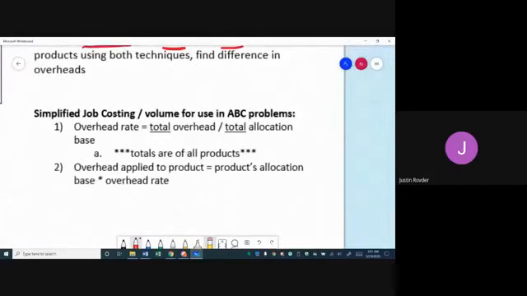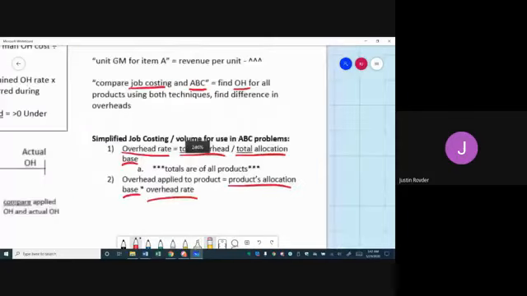So instead of worrying about budgeted and estimated and actual and applied overhead, you really just need to find the rate, which is just total overhead divided by total allocation base, and then find the amount of overhead that was applied to the product based off of the product's allocation base and that overhead rate. So you don't really have to focus as much on budgeted, estimated, all that stuff whenever you're doing job costing under an ABC problem. So you don't have to worry about it, luckily.